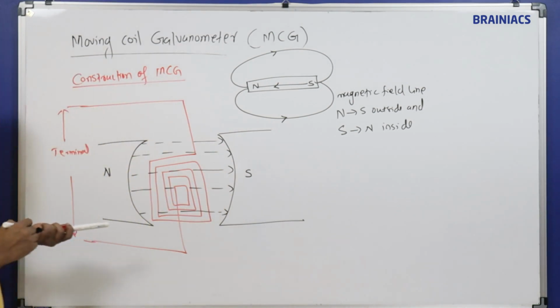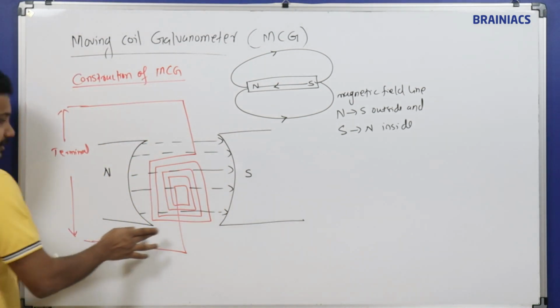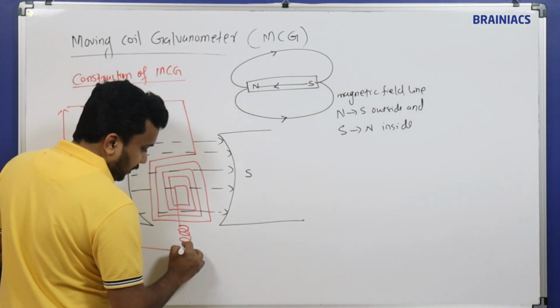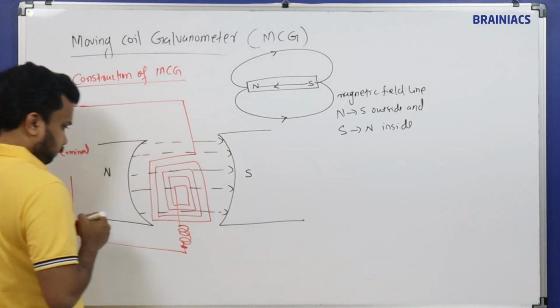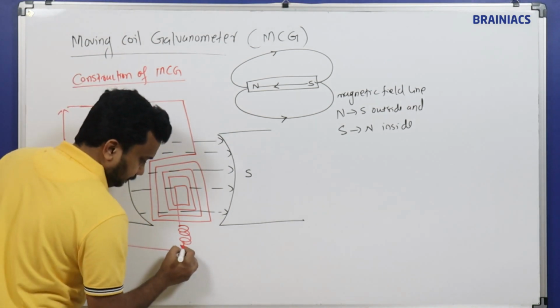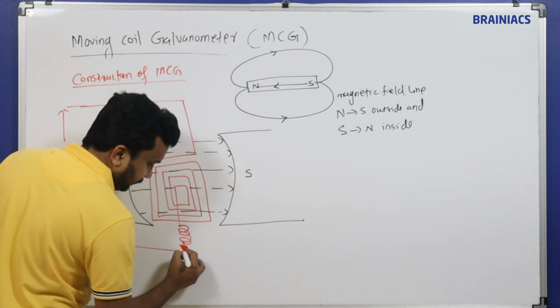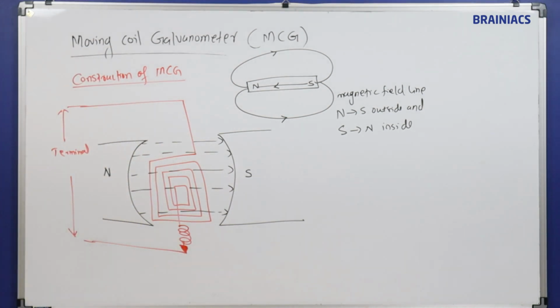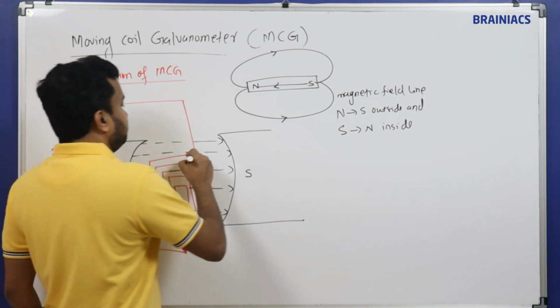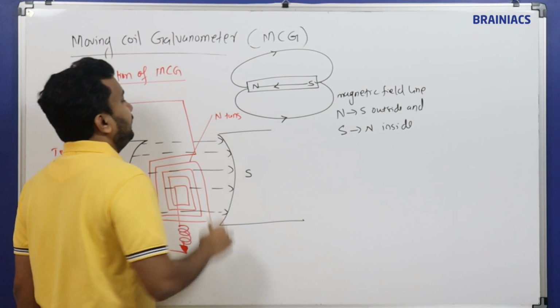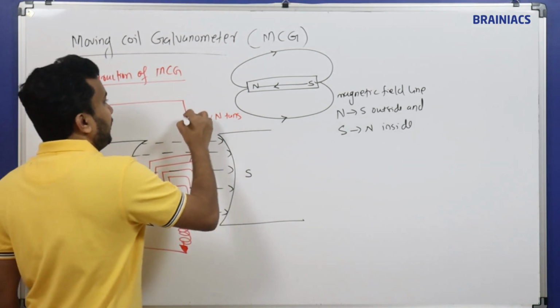Now what happens? One thing is, here this is connected with a coil and this is fixed over here. It's like a pivot, fixed, and it can rotate. This is a coil having n turns, simply a wire, nothing else.